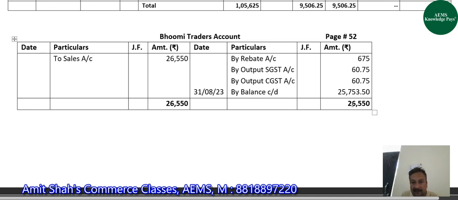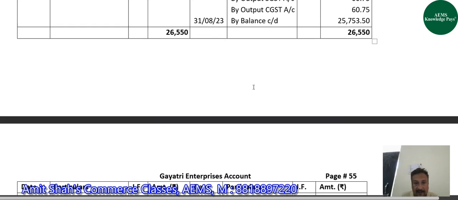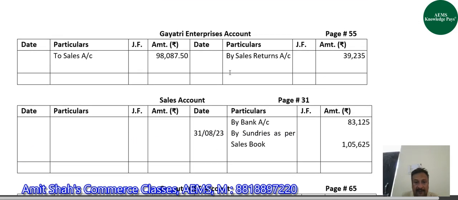So you all have done this also, guys, right? Bhumi Traders has a debit balance of 25,753.5. Whenever a personal account has a debit balance, it means that much amount we have to recover from that account, right? After this, we have Gayatri Enterprises account.